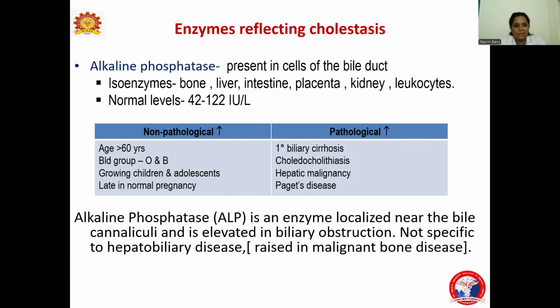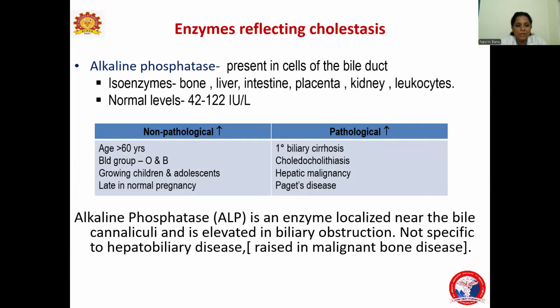Enzymes reflecting cholestasis. So, alkaline phosphatase, which is present in the cells of the bile duct, an increase in ALP will reflect cholestasis. Isoenzymes are present in the bone, liver, intestine, placenta, kidney, leukocytes. The normal levels are 42 to 122 international units per liter.